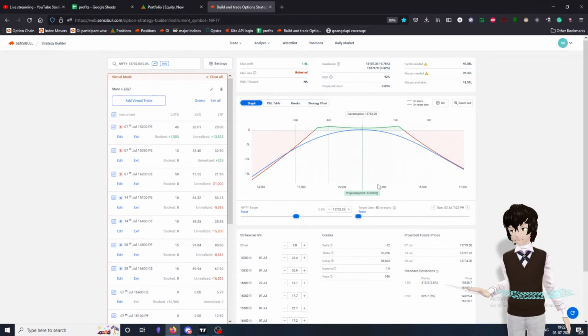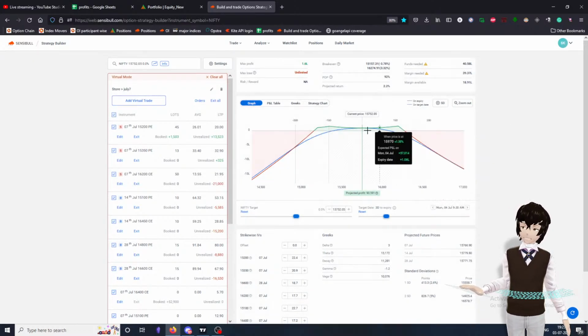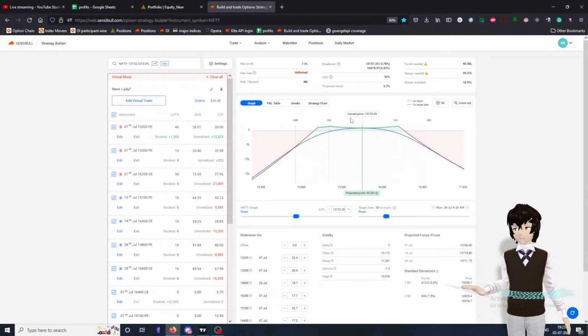Tomorrow, even if there is like a 1% gap up, let's say Monday 9:30, this is an approximate, it's not exactly correct. Even if there is a 1% gap, it should be fine. I shouldn't be affected by it a lot. And I will close my spread on Monday itself because it kind of says that it's going to peak out tomorrow itself, and I'm okay with booking 50,000 or 60,000, maybe 60.